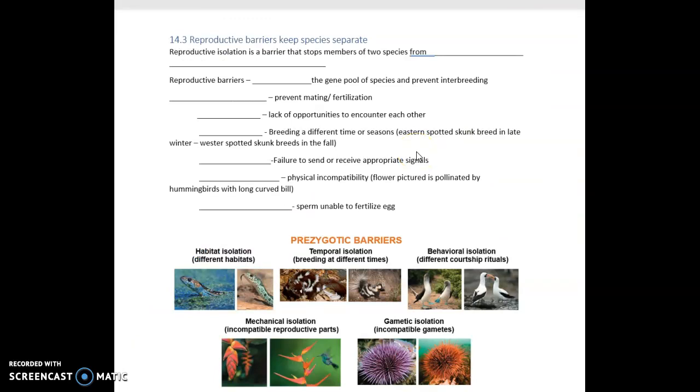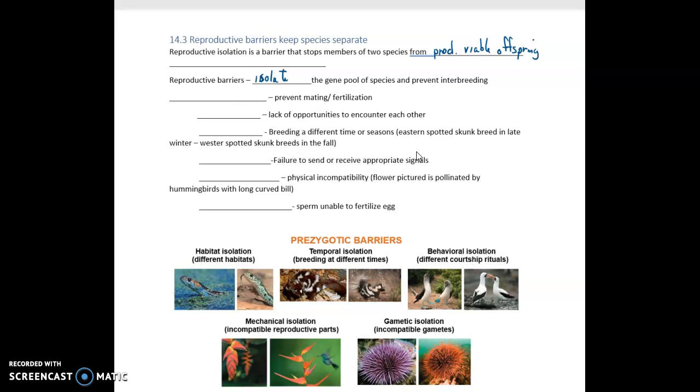Reproductive isolation is the barrier that stops the members of two different species from producing viable offspring. So these reproductive barriers isolate the gene pool of species and prevent interbreeding.